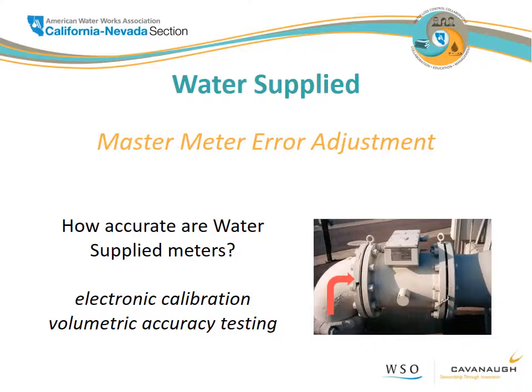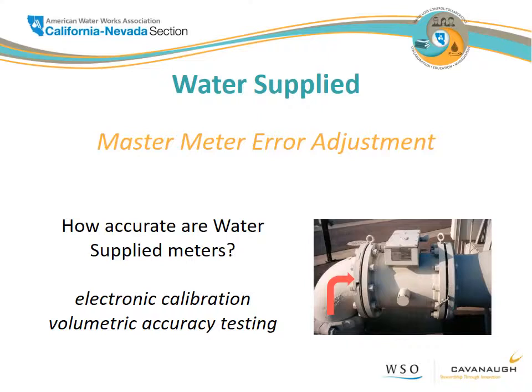Electronic calibration is often interchangeable with the language of quote-unquote testing, but it's important to acknowledge that electronic calibration only investigates how good the secondary electronics, the secondary devices, are on any meter. To electronically calibrate a meter, what you're doing is making sure that the translation of meter read to data signal is all good.